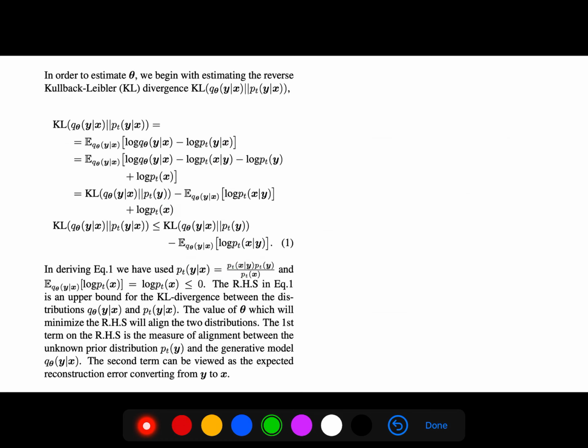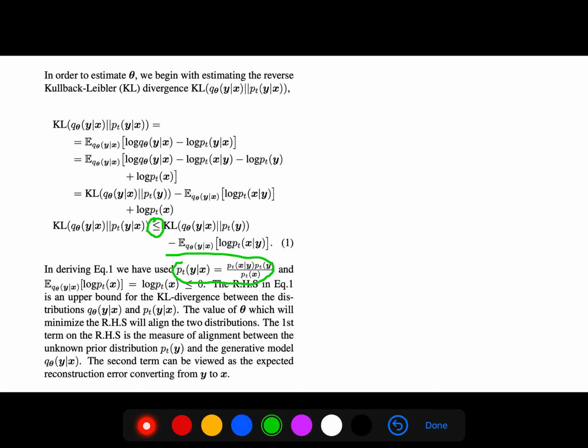And in order to estimate theta, we begin with estimating the reverse Kullback-Leibler divergence. This is the upper bound for this Kullback-Leibler divergence. It is upper bounded here, and in deriving equation 1 we have used just this law and the fact that expectation of log of P is less than 0.